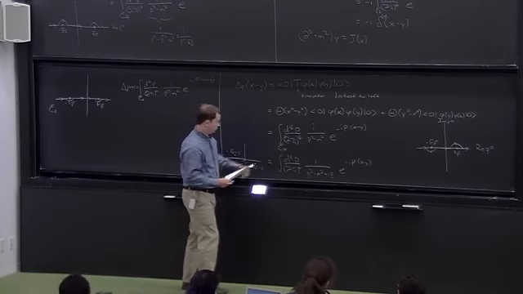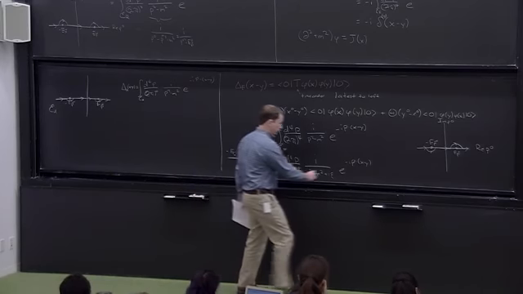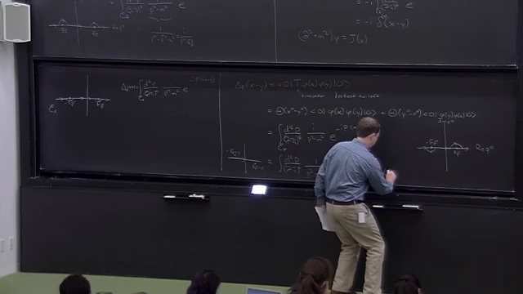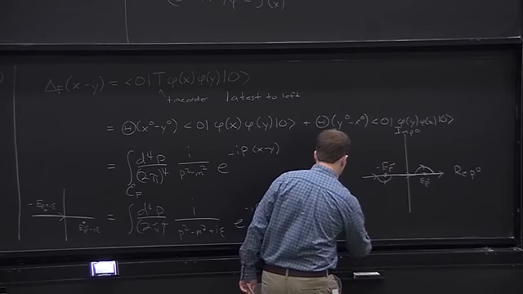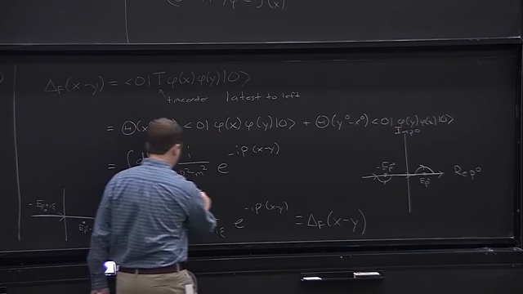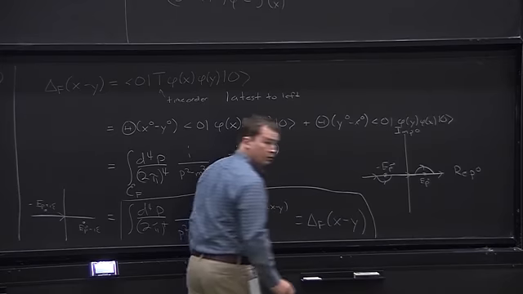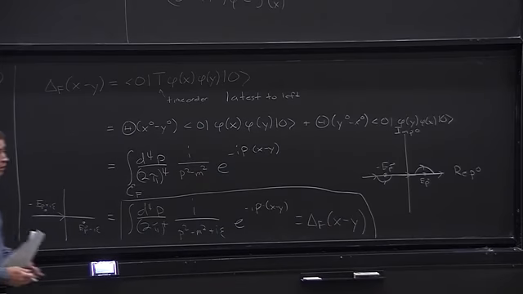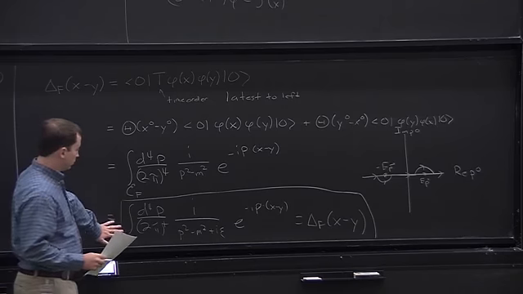And so this result is equal to the Feynman propagator, x minus y, and this is the most important result from our discussion of the free Klein-Gordon theory, the free scalar field.